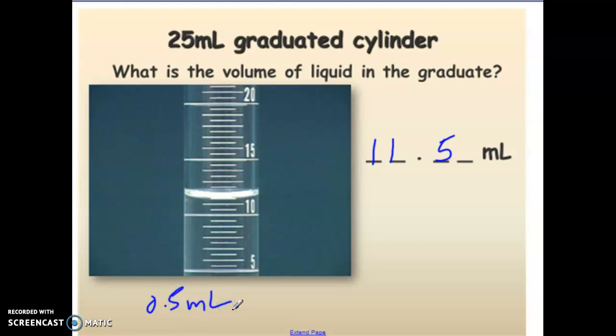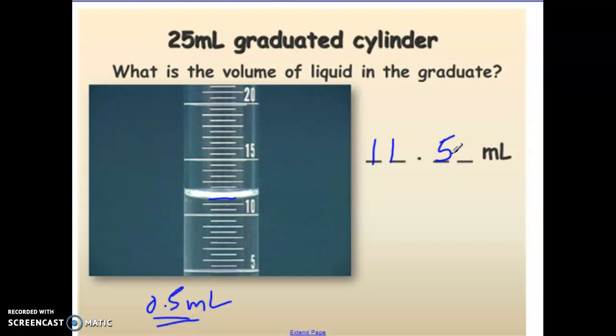Like notice how every graduated cylinder we've looked at is a little bit different. So here we would have 10, 10.5, 11, 11.5, 12, 12.5, 13, 13.5, 14, 14.5, and 15. So the number that we are certain of is the 11.5 because that's what the line represents.